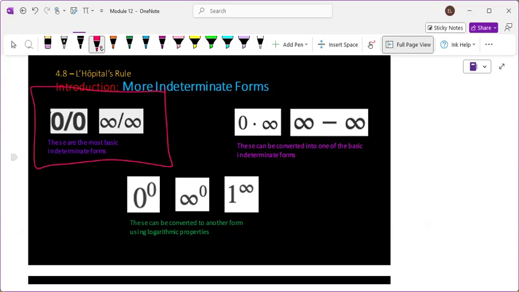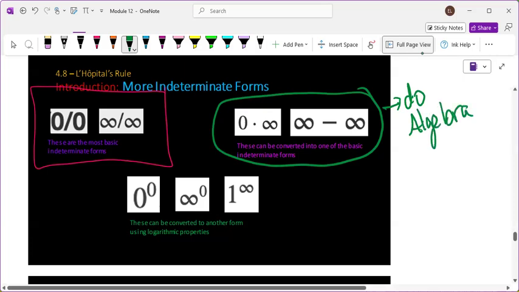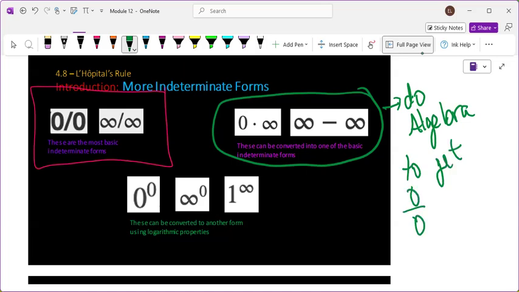If I get infinity minus infinity, then here we're typically looking at a fraction minus a fraction. So your algebra step is to combine the fractions, then figure out where you go. So when you get these guys, do some algebra to get 0 over 0 or infinity over infinity.